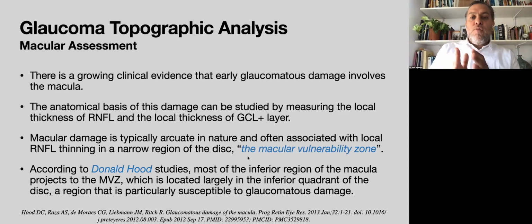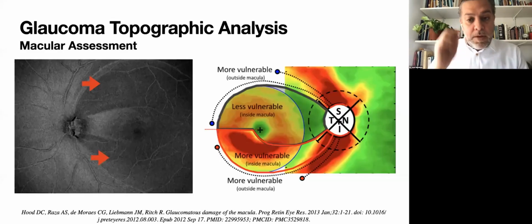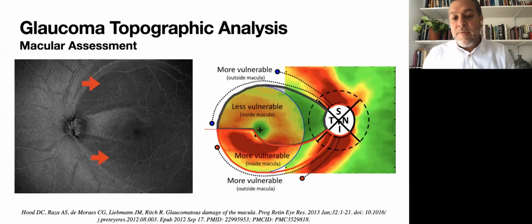This is a small region where a lot of RNFL fibers go into the disc. According to Donald Hood's studies, most of the inferior region of the macula projects to this macular vulnerability zone, which is most affected during glaucomatous damage. So we're seeing this on this graph.